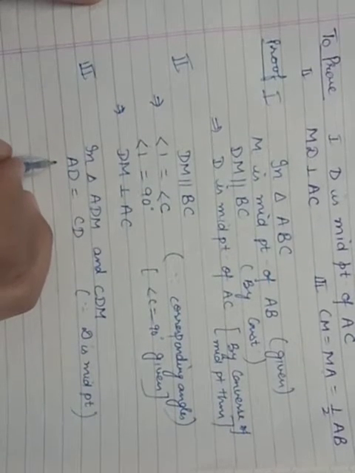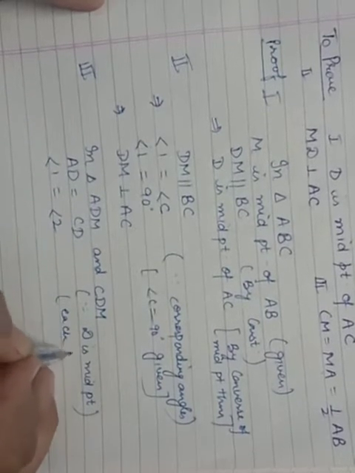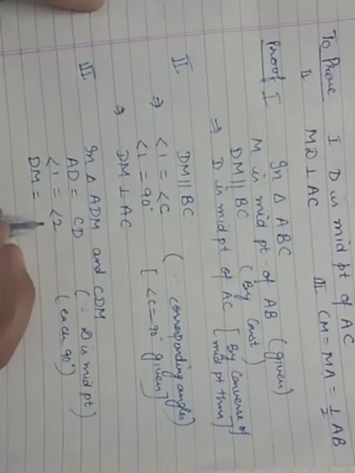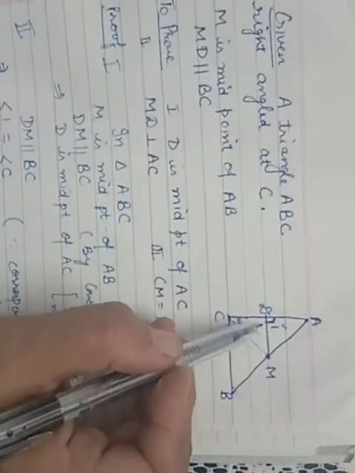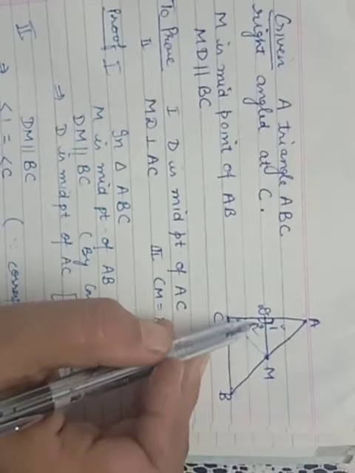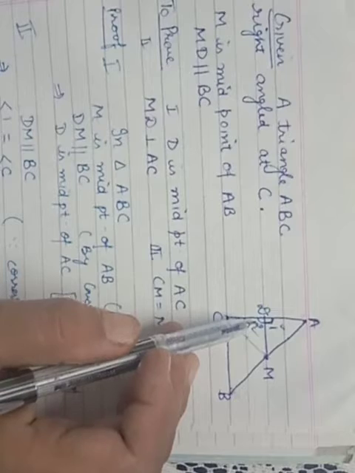Second, angle 1 and angle 2, each 90-degree. Third, DM is equal to DM. This is the common side. I'm showing you the diagram. See, angle 1 and angle 2 are equal as it is a linear pair. This is 90 and this is 90, as we have proved angle 1 is 90.